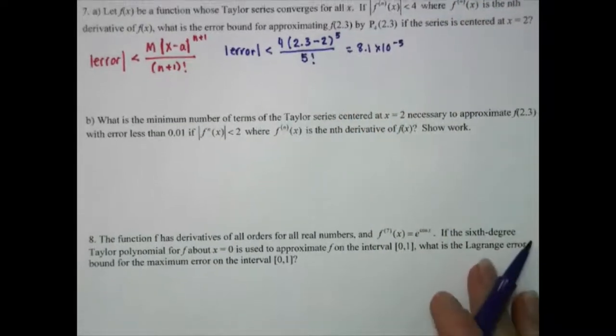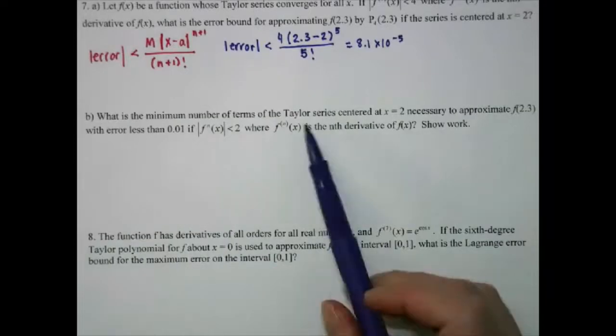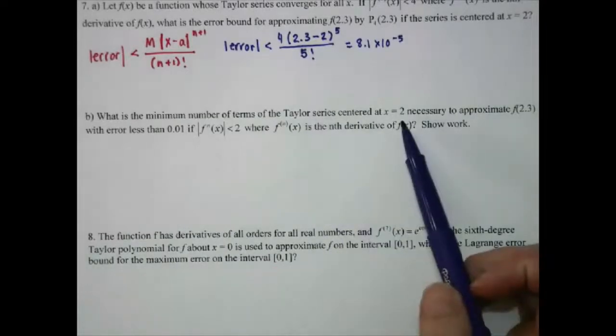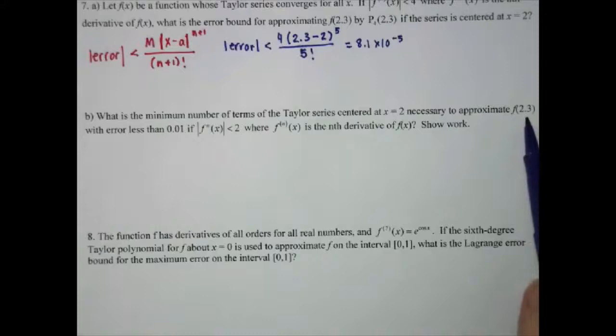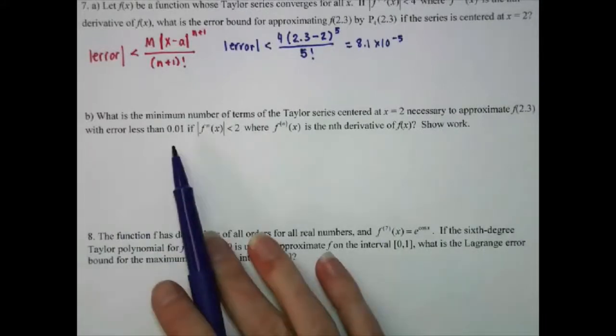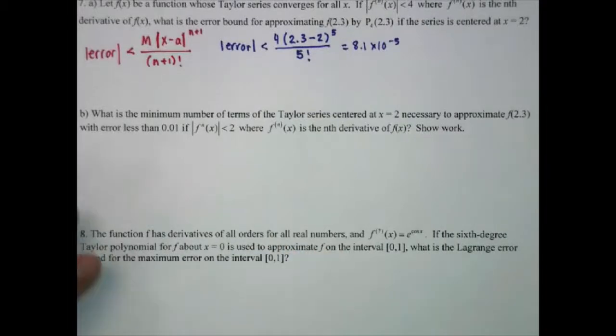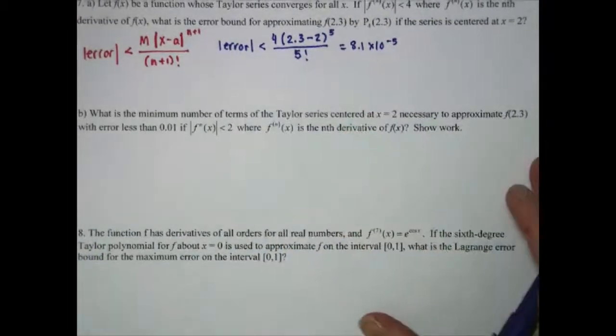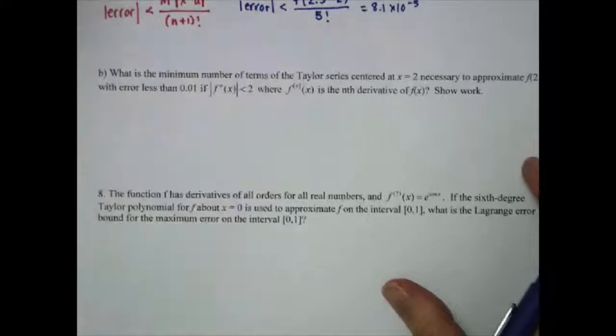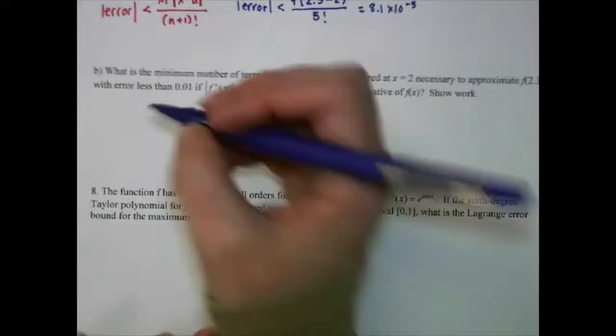Okay, what is the minimum number of terms of the Taylor series centered at 2, necessary to approximate 2.3 with an error of less than 0.01. Okay. Our nth derivative now is less than 2. I'm going to do this in a chart.